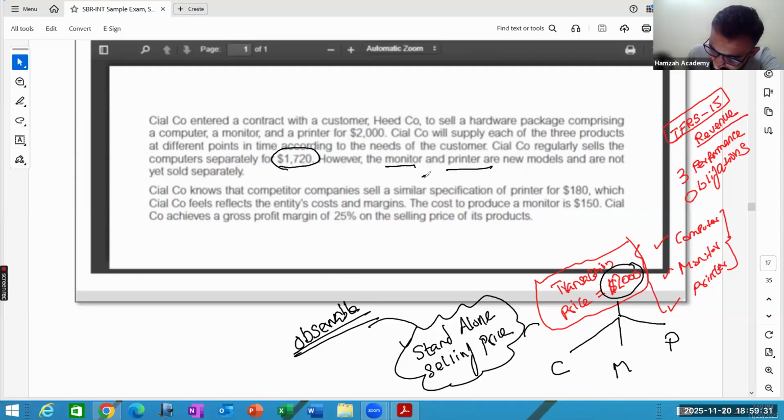So we have to estimate the stand-alone price of the printer and monitor. The methods which we can use include the market assessment approach, cost plus approach, and residual approach.